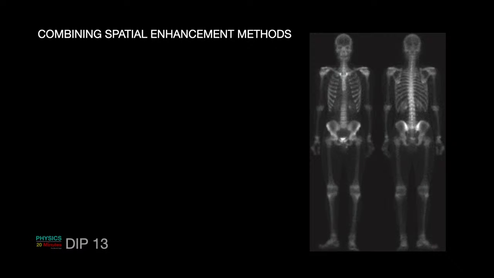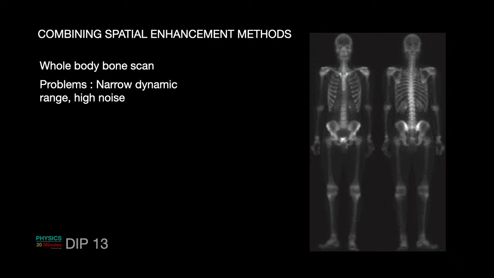Now I'm going to show you one example where we can combine the spatial enhancement methods. We have an image over here which is a whole body scan. Now the problem with this image is that it has a very narrow dynamic range. Narrow dynamic range means the separation between the dark regions and the bright regions, or contrast in a loose sense.